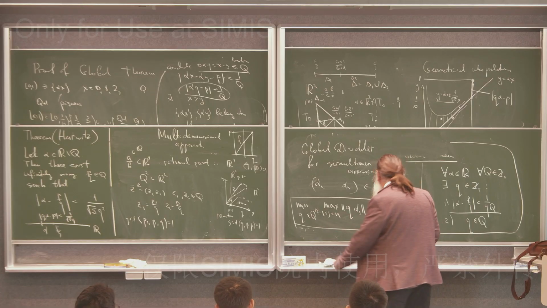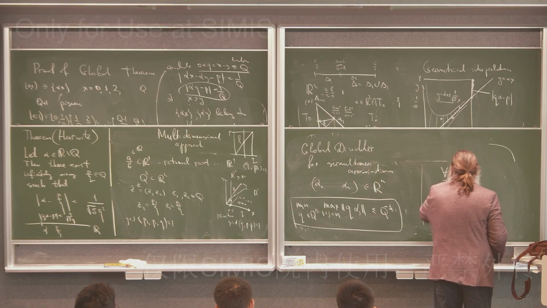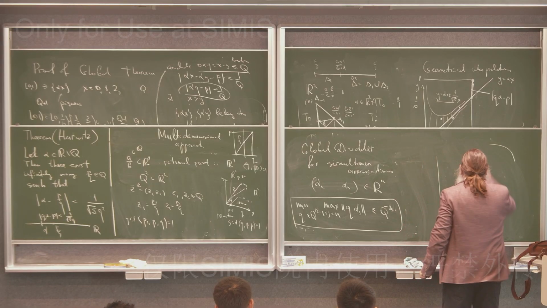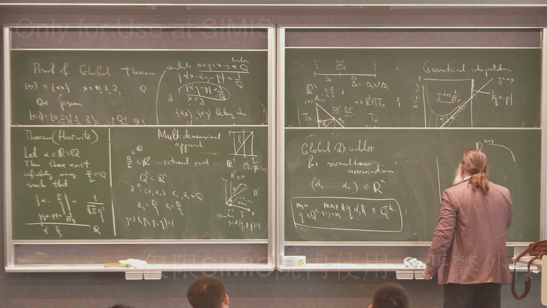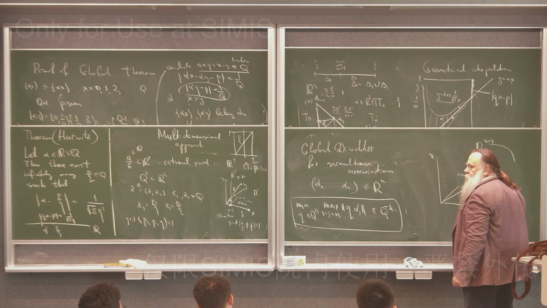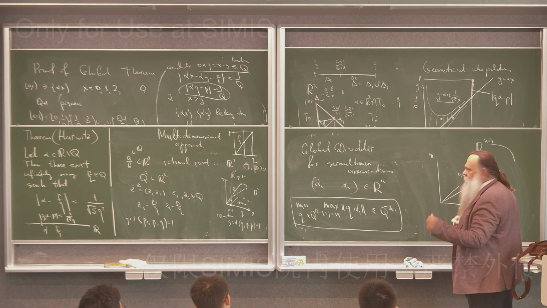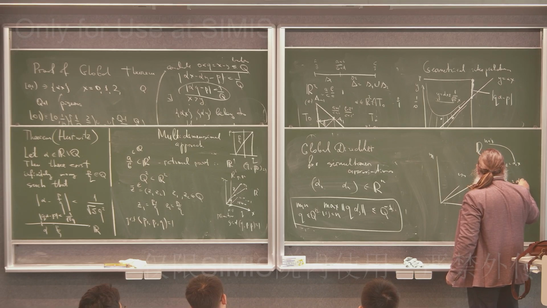The sense of this theorem is as follows. We consider R^(n+1). This is x, this is y1, ..., yn. We consider a line. A line in n+1 space is determined by n equations: y1 equals alpha 1 x, and so on, yn equals alpha n x.